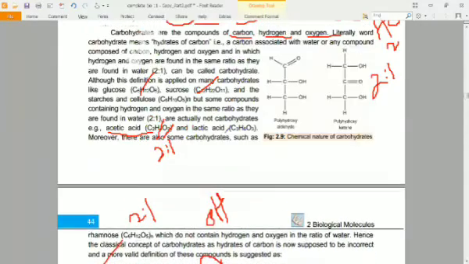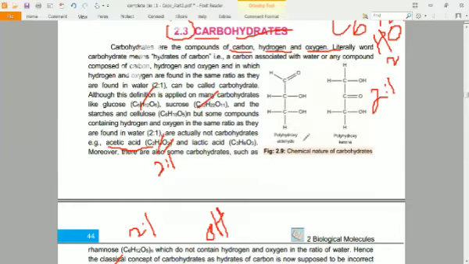The main group of carbohydrate is the carbonyl group, C double bond O. So what happens with the carbonyl group? If on one side hydrogen is attached and on the other side any R group is attached, we can write it like this.